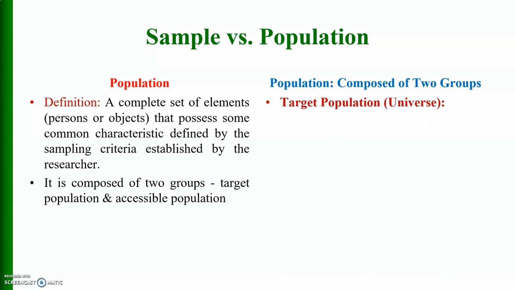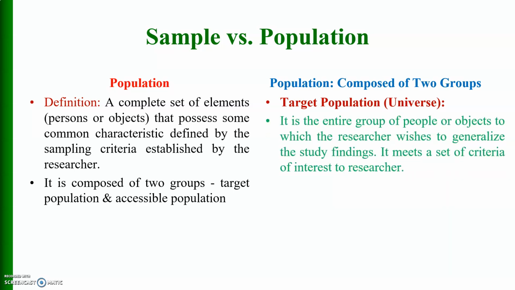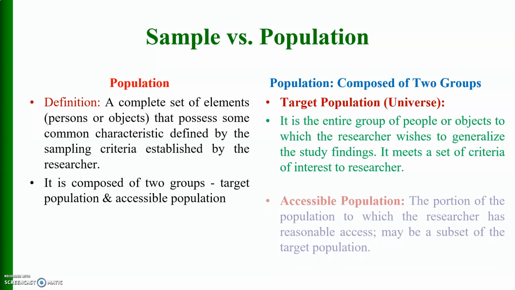The first one is the target population. It is also known as the universe, and it is the entire group of people or objects to which the researcher wishes to generalize the findings of the study, and it meets a set of criteria of interest to the researcher.